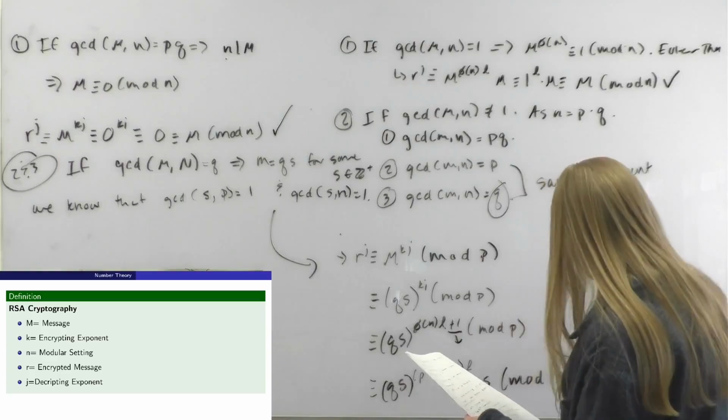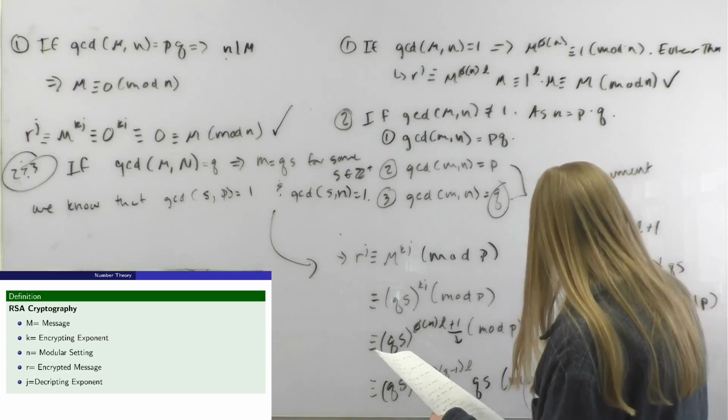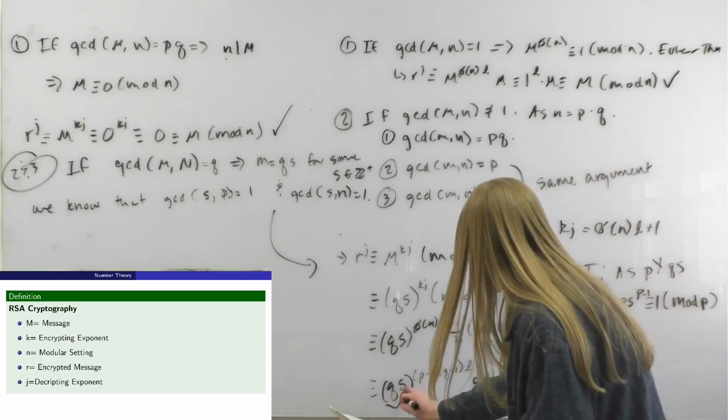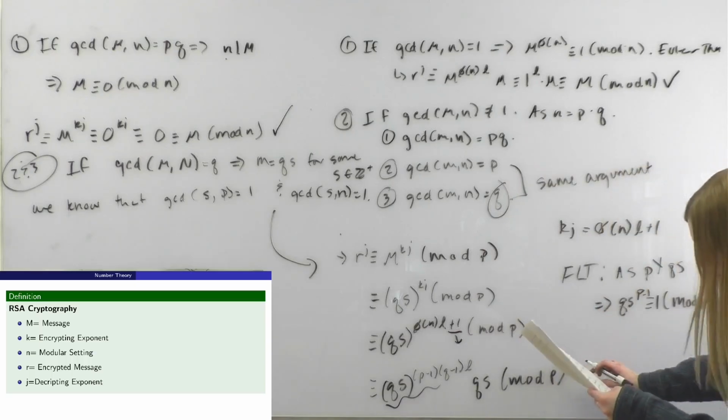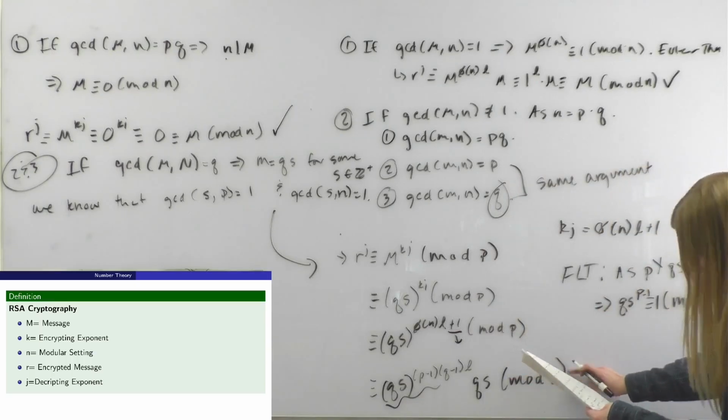Yeah, okay. So we have this. Oh, yeah, because then this will be 1. Okay, so we're back down to here.